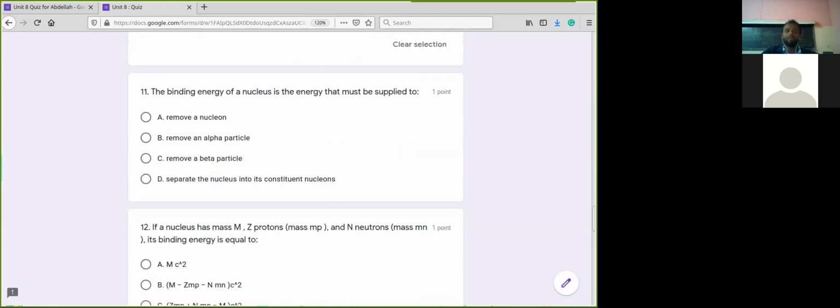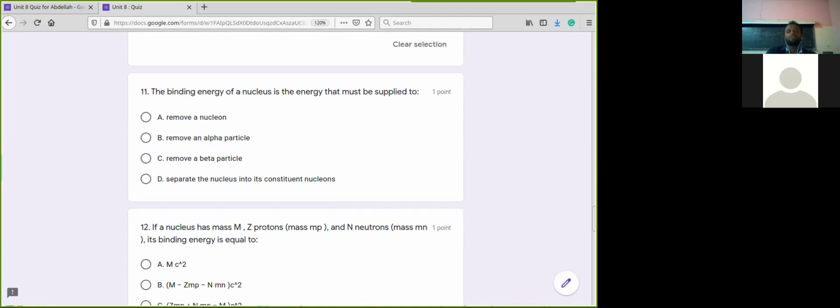Let's see question number 11. The binding energy of a nucleus is the energy that must be supplied to A, remove a nucleus; B, remove an alpha particle; C, remove a beta particle; D, separate the nucleus into its constituent nucleons.